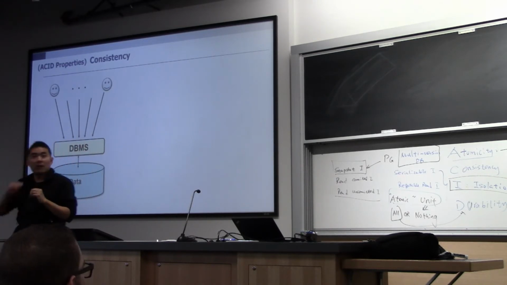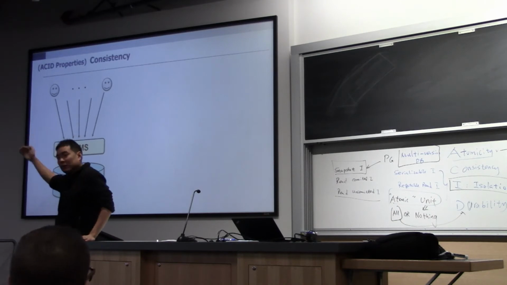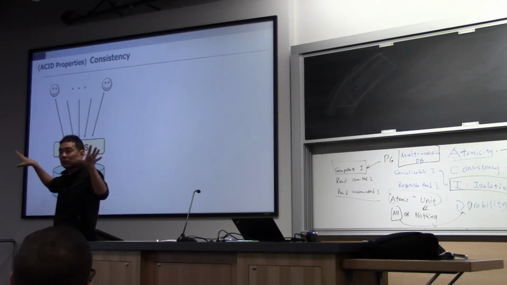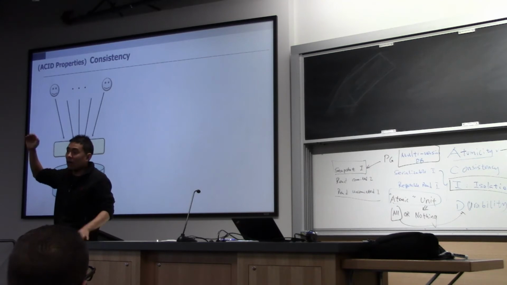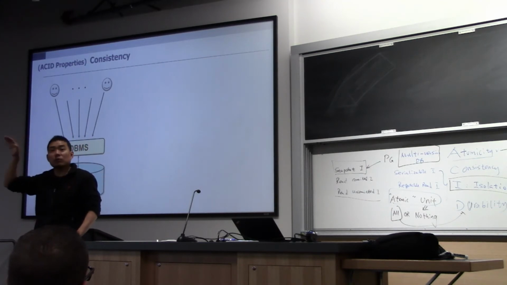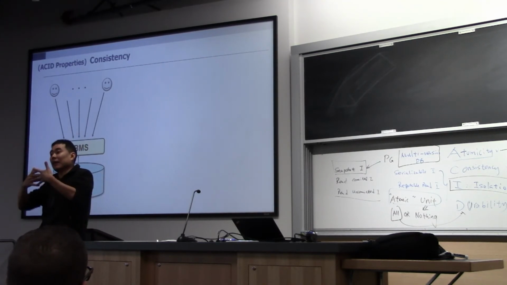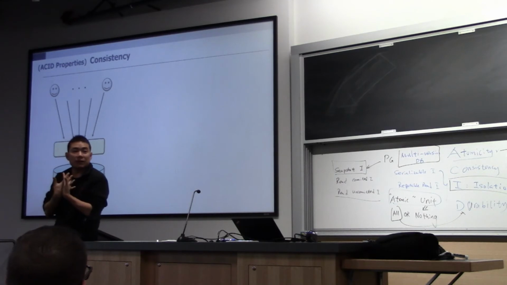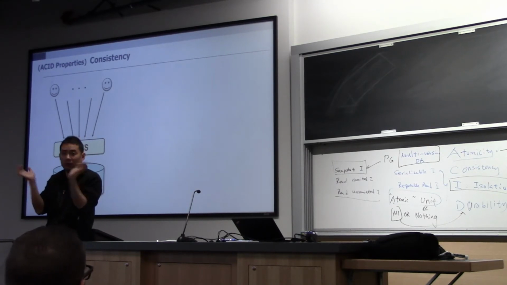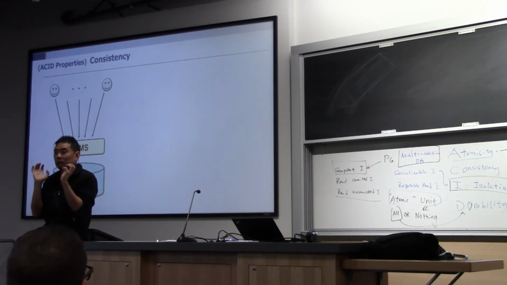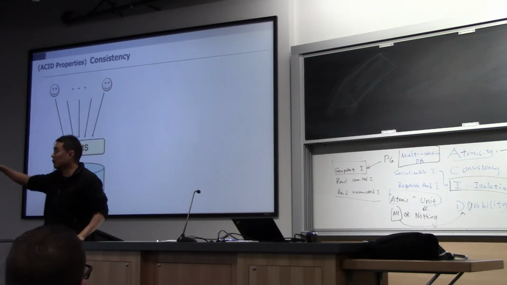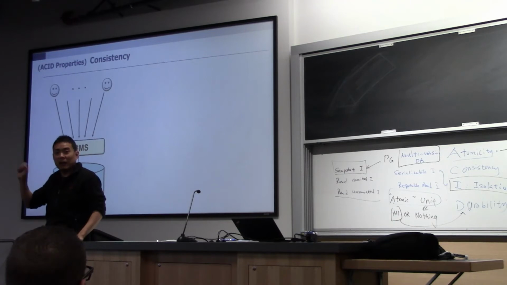Well, simple. Before the start of any of the multiple transactions you're going to run, the database starts at a consistent state. Let's assume that. At the end of executing these multiple transactions, I don't care how you execute them, how you interleave them, you can do whatever you want. It's kind of like I leave 10 guys in a room, I say good luck, they fight, they do whatever, at the end of the day they all commit and tell me to come back.